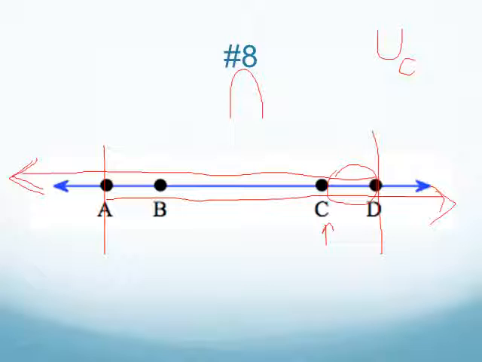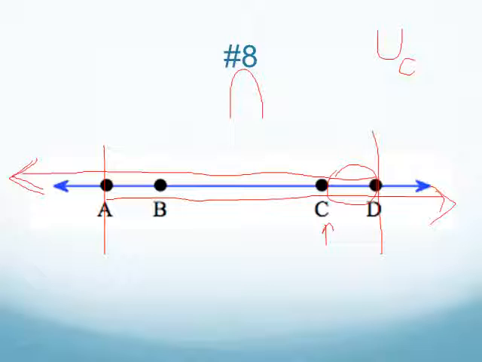So, remembering that this is intersection, only where they overlap should just be from this point here to this point here, right? I don't want any arrows. I don't want to extend in either direction. I want to start at A and end at D, and that's it. You can't use B or C because those both have arrows.